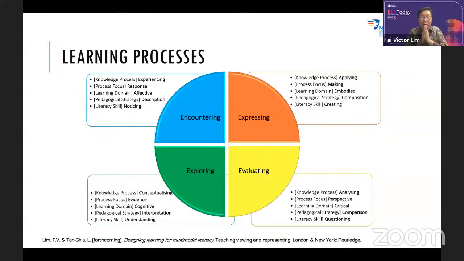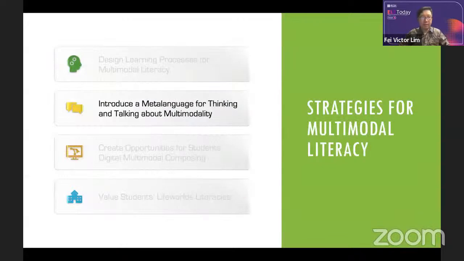So if you take a step back, if you think about the learning processes in a multimodal literacy classroom, they should allow students to have opportunity to both explore their texts, even as they encounter them, as well as to give them the opportunity to evaluate the meanings that are made and to express these meanings multimodally. So that is the idea of thinking about learning processes for multimodal literacy. The second is to introduce a meta language for students to think and talk about multimodality.